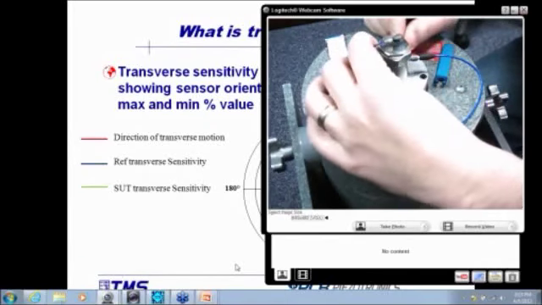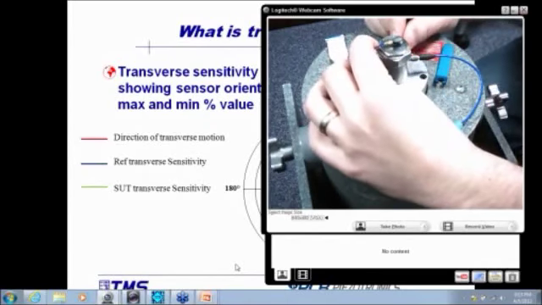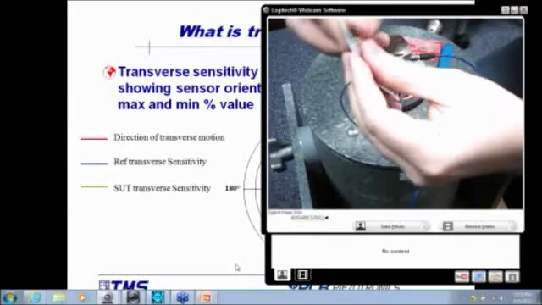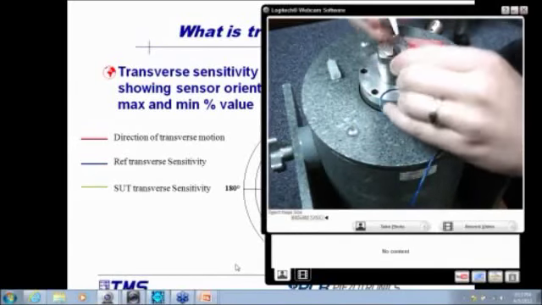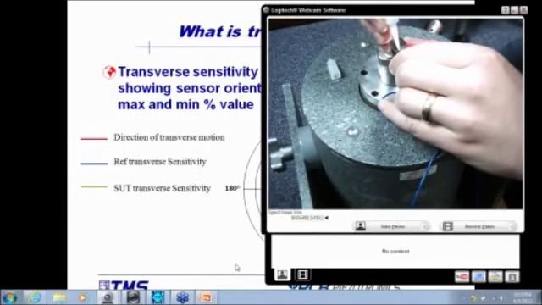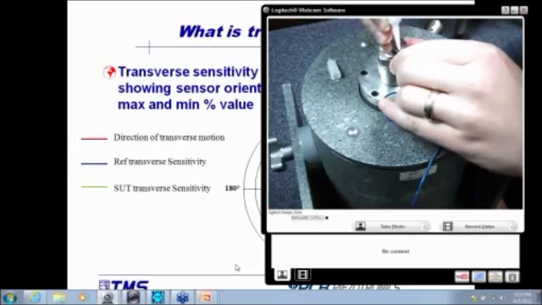What I'm going to do is change it so it's oriented like this. A little glue on it.